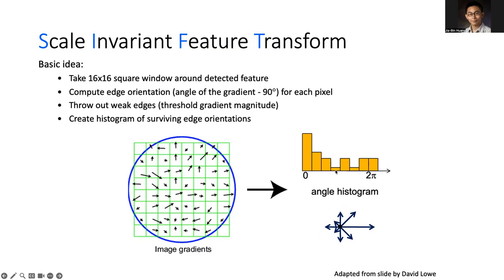Then you vote: let's say this is 45 degrees, you go to the bin of 45 degrees and cast a vote. You do this for all the pixels within the local region. You get a gradient histogram, and the dominant direction is your feature direction.